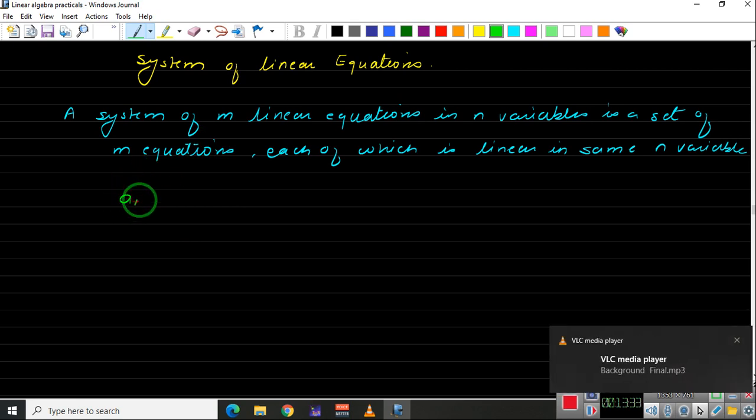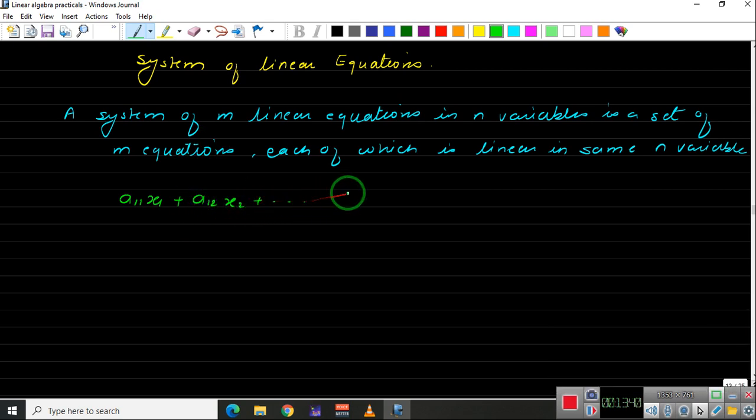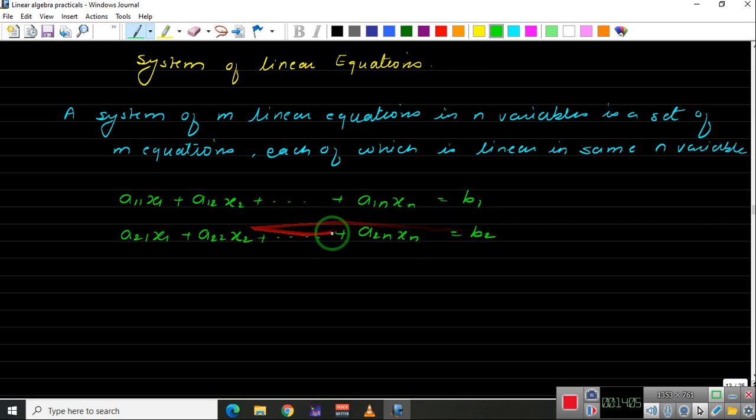So let us take a11 x1 plus a12 x2 plus, likewise you will have a1n xn is equal to say b1. This is our first equation. Okay, similarly, to write the second equation, let us change the index, say a21 x1 plus a22 x2 plus a2n xn is equal to b2. This is our second equation.